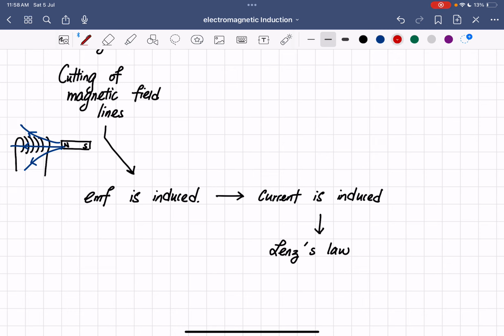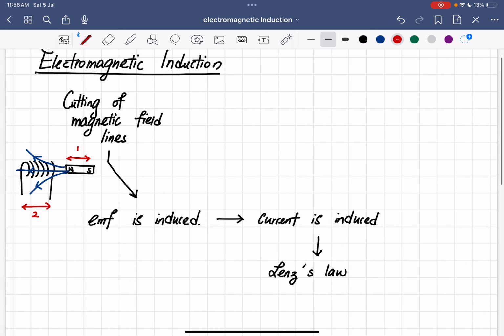You can move the magnet back and forth, or you can also move the solenoid back and forth. This kind of movement will result in a cutting of magnetic field lines. So there will be an EMF induced in the solenoid.